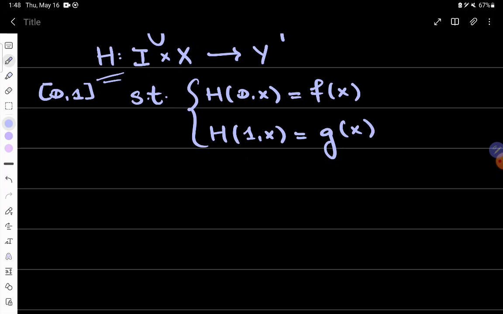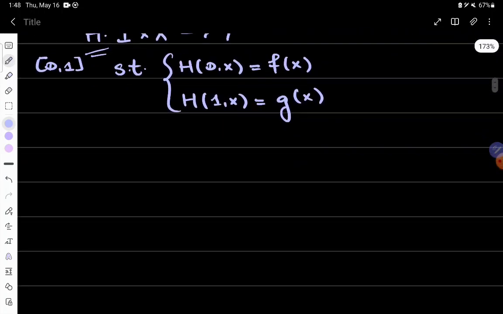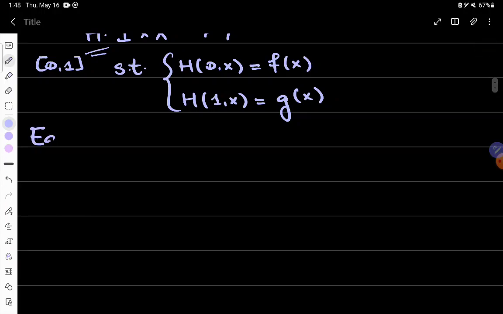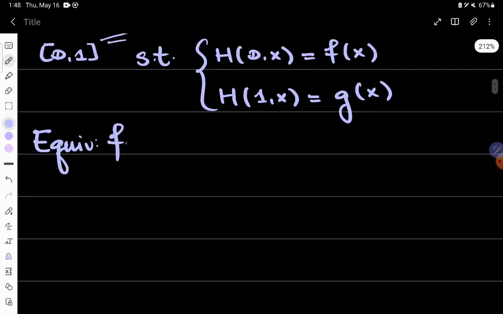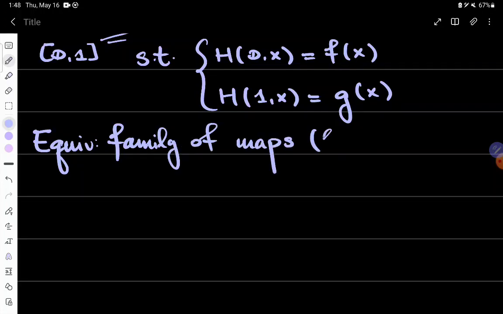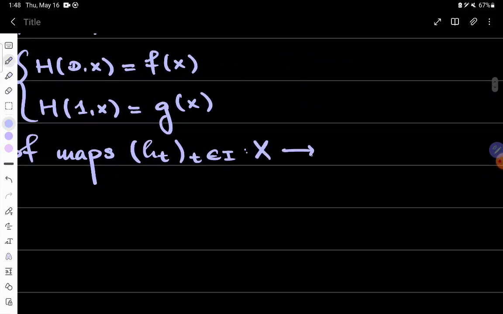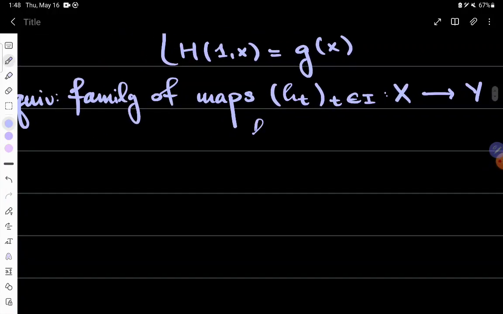Okay, so here is an alternate viewpoint on a homotopy. Instead of thinking of this as a map from I times X, we can think of it as a family of maps, which I'll call little h_t for t in the interval, from X to Y, such that h_0 equals f and h_1 equals g.